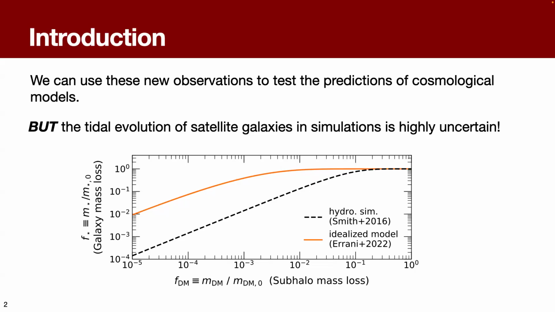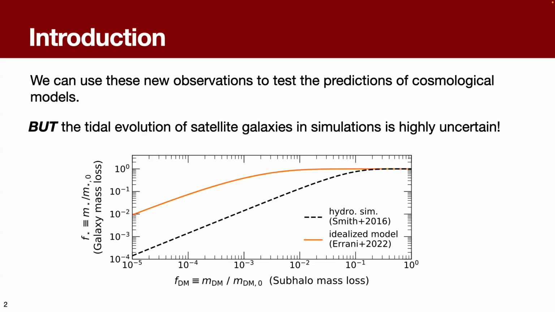And if you're not super familiar with how to read tidal tracks, I'm just gonna talk about it really quickly because it'll show up a little later too. So basically the x-axis tells you about subhalo mass loss, and the y-axis is telling you about galaxy or stellar mass loss. And you could think of time as progressing along the track, starting from the top right and going to the bottom left.